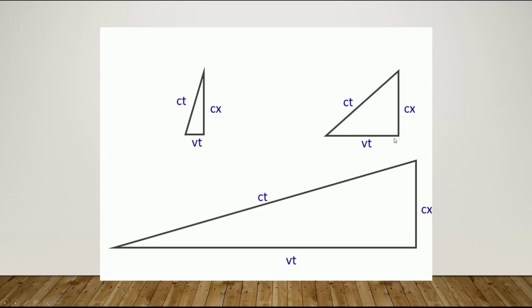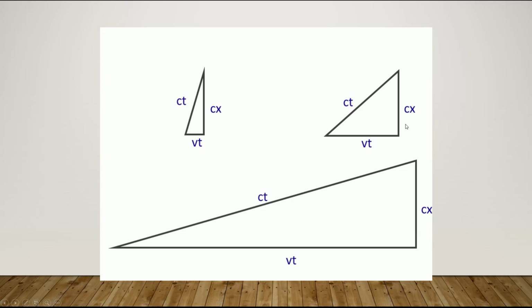And this horizontal line is going to be the velocity of the ship over whatever amount of time it requires to travel this diagonal line. So inside the ship, cx is going to be our reference of time, or how fast we think it is. In this case, we're going to say 1 second. This is the amount of time that it's going to appear to a person on the outside.